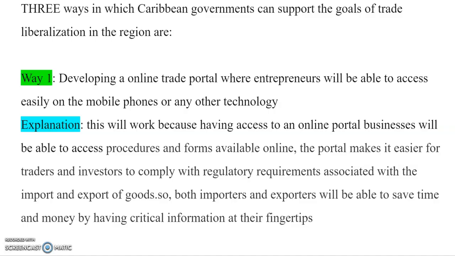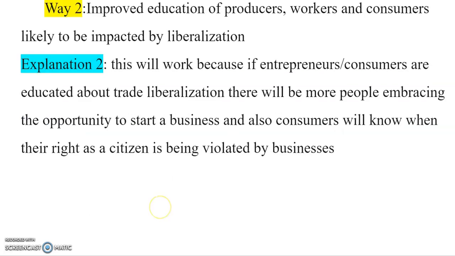So both importers and exporters will be able to save time and money by having critical information at their fingertips.